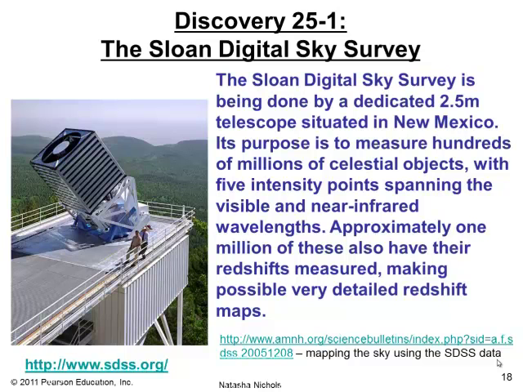If you would like to learn more about the SDSS survey, I have the link on the lower left of the slide. You can collect data once you sign up and have your computer analyze it. That way you can contribute in the effort to map the sky. I also put a link to a short video that shows how the sky has been mapped using the SDSS data collected thus far.